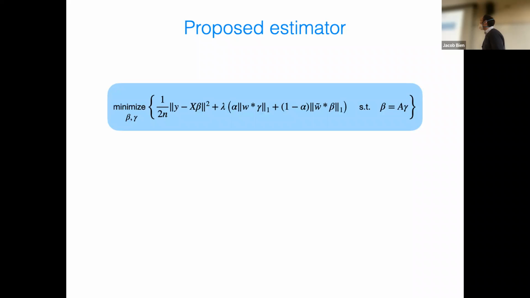And so, to Ali's question, this first term, the weighted L1 norm on gammas, is a form of smoothing on a tree, I would suppose.